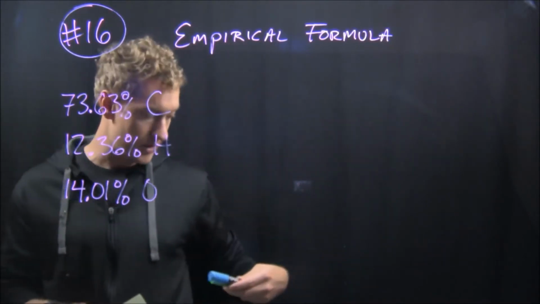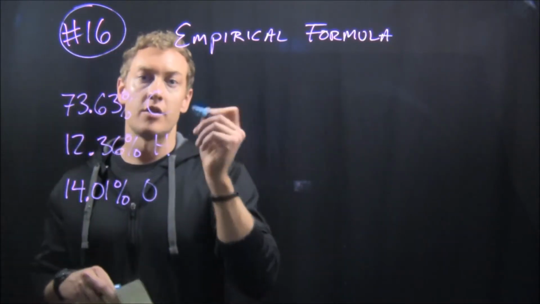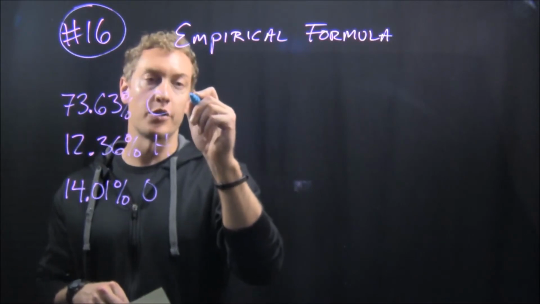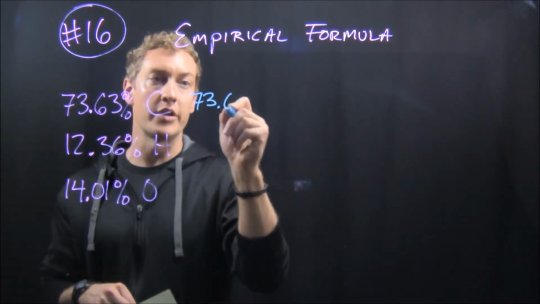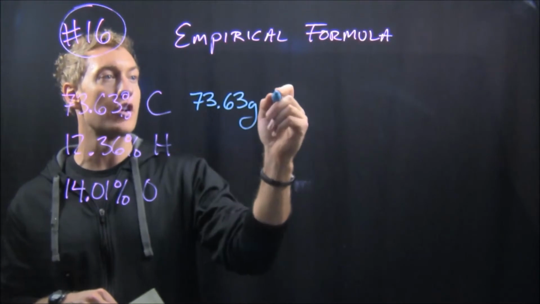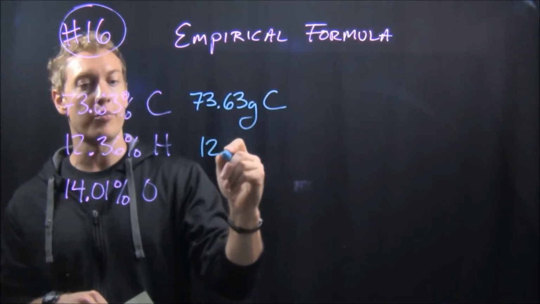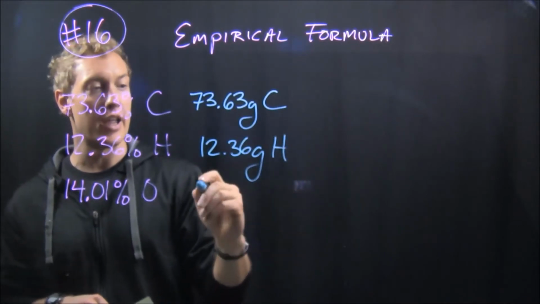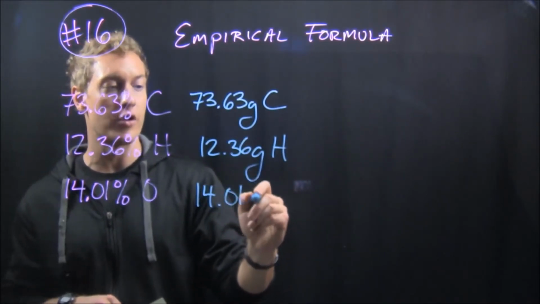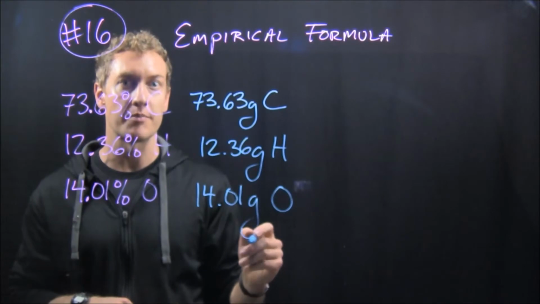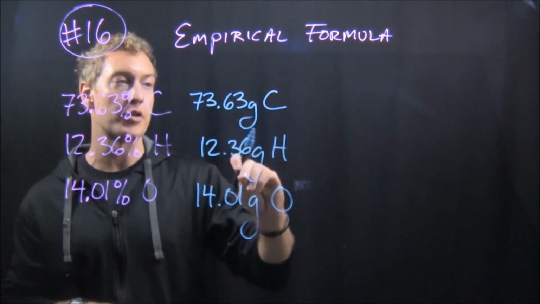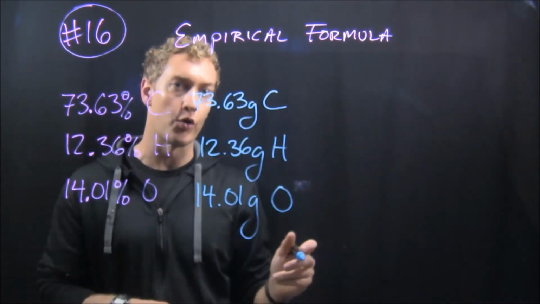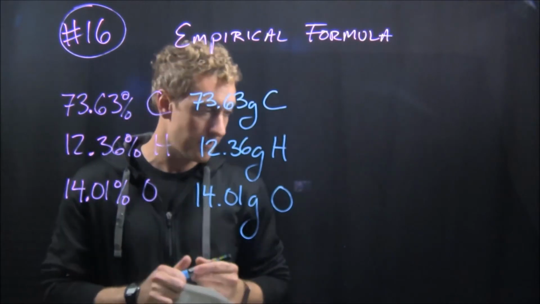So if we assume the 100 grams, then we're dealing with 73.63 grams of carbon, 12.36 grams of hydrogen, and 14.01 grams of oxygen. I'm going to take each of those gram numbers and convert that to moles for each of the elements.